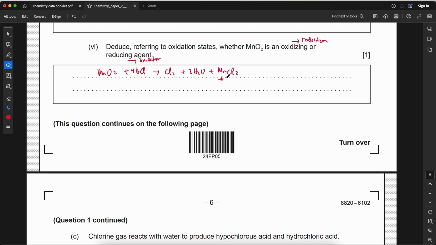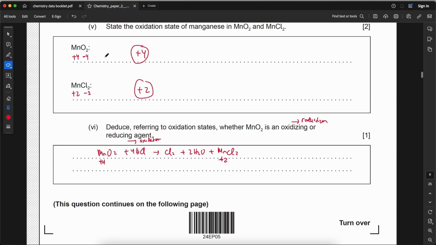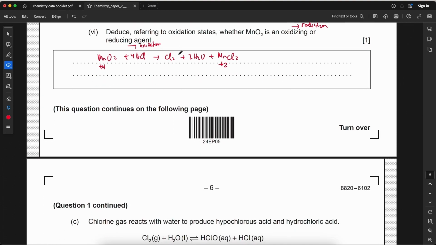Mn here, the oxidation number is +2, and this one +4. We already calculated here. So +4 to +2, it's reduction. Therefore, oxidizing agent. It's always the opposite. If it's oxidizing agent, it's reduction. If it's reducing agent, it's oxidation.